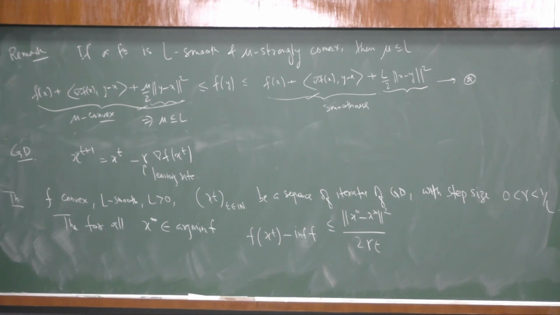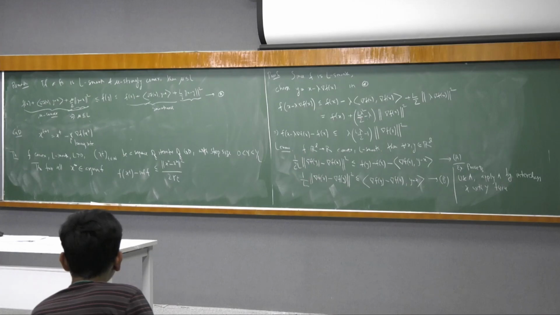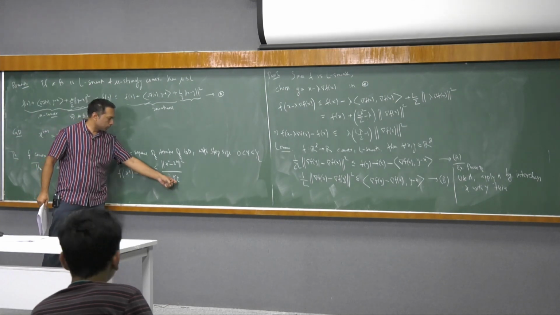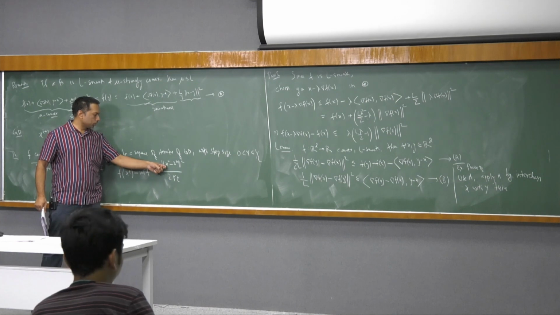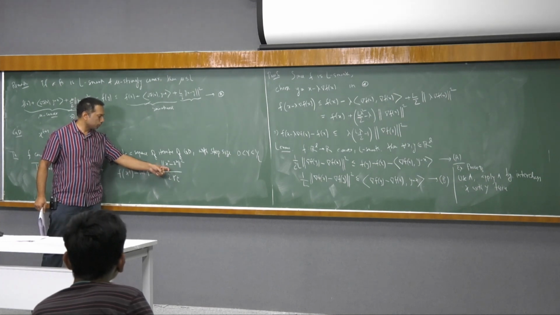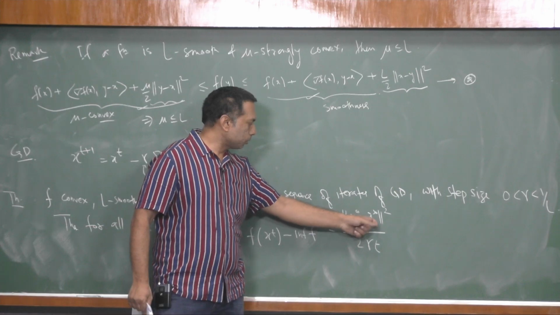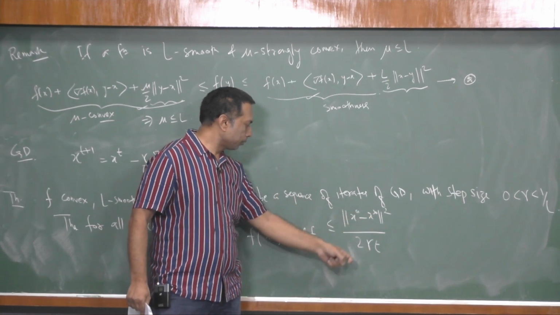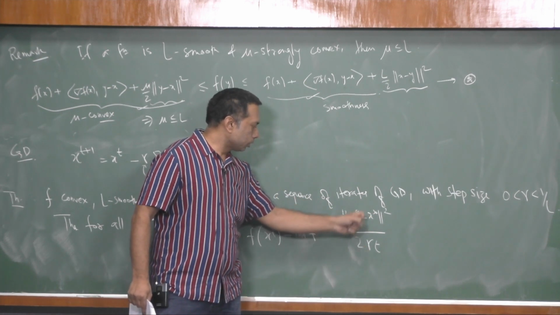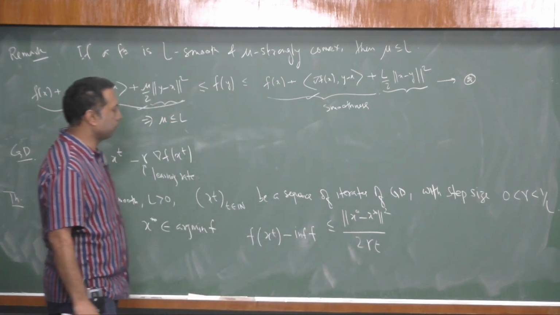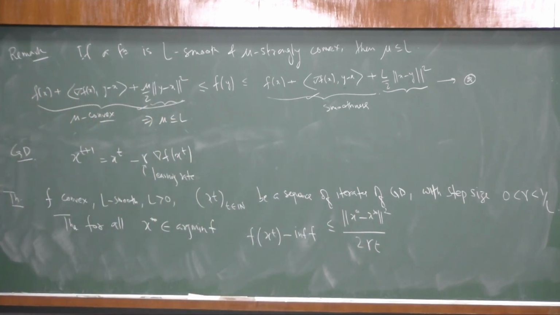From here we can see that as the iterations grow, denoted by t, as we keep running gradient descent, this is fixed, right? This is your initial solution, so this is a fixed quantity. This is your optimal solution, so this is bounded by some number, and this is a constant. So everything is a constant. As t tends to infinity, you are going closer to the infimum of f. So that's why this is a proof that it converges.